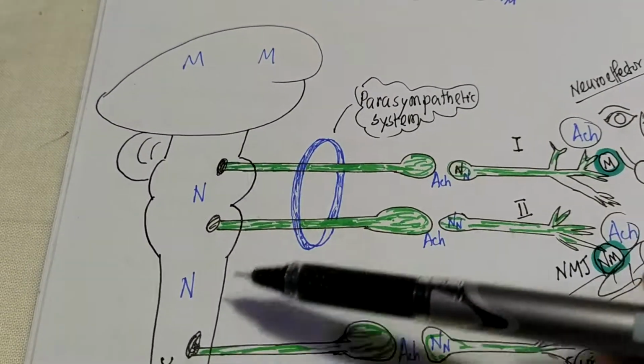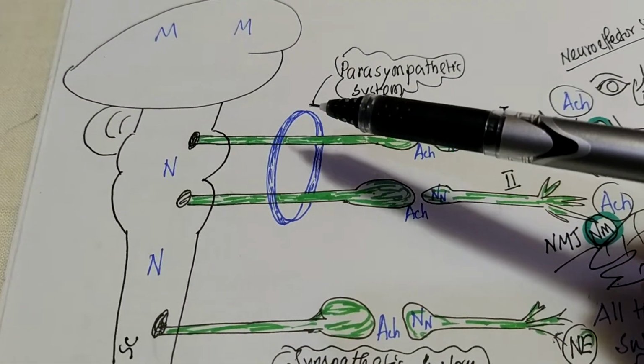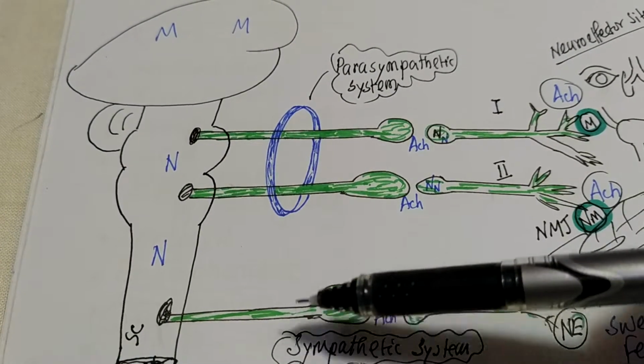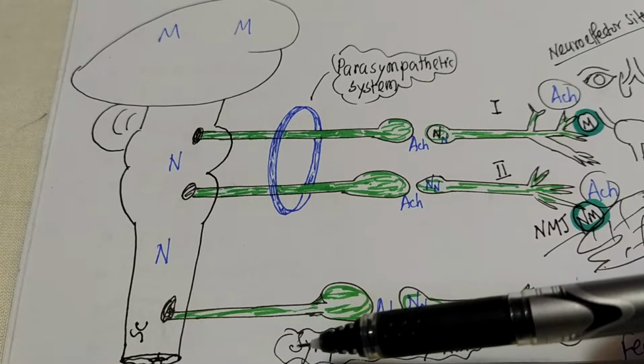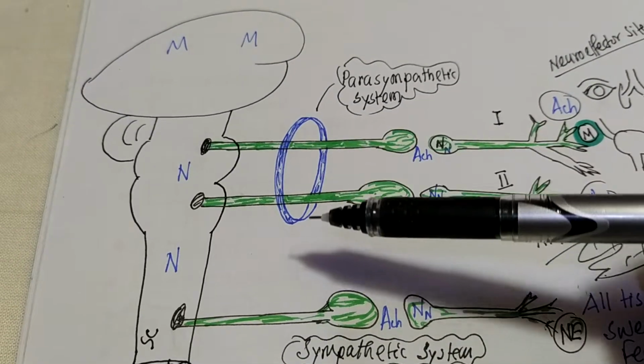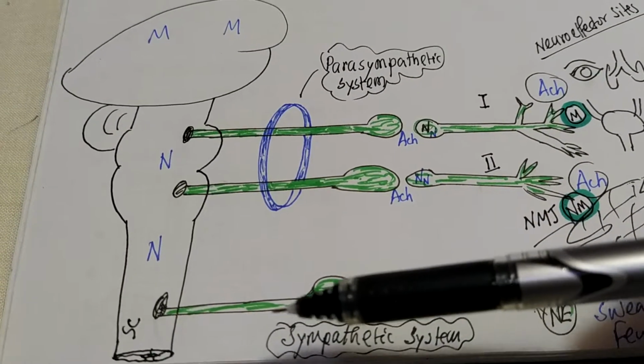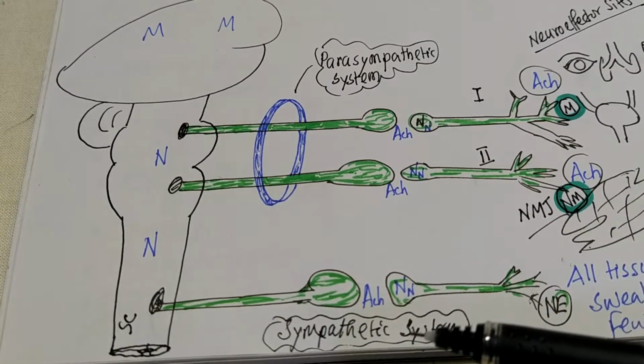For easy understanding, I have drawn 3 preganglionic fibers. These 2 fibers are parasympathetic and this 1 fiber is in the sympathetic system.